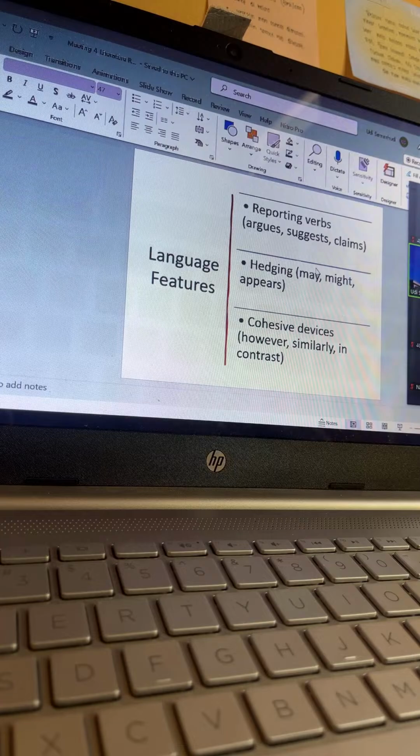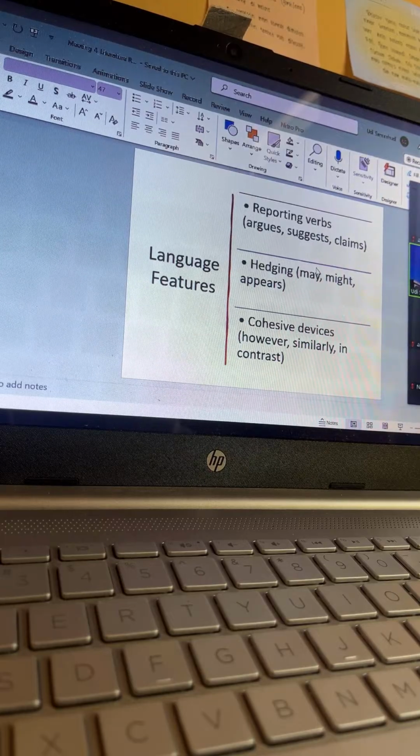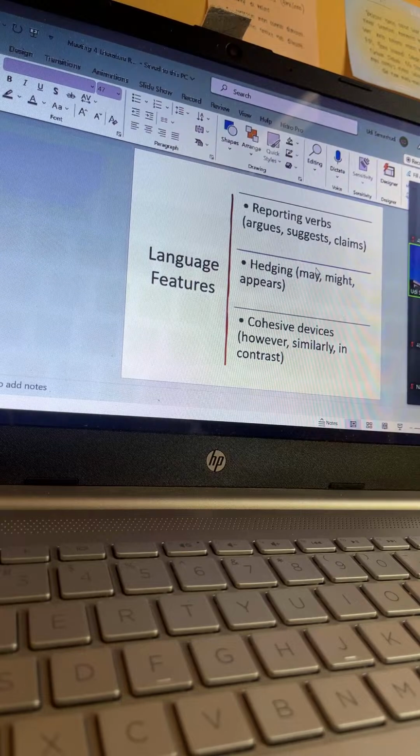So by language features, I'm referring to, for example, the use of reporting verbs. So for example, you will see in chapter 2 that most of the verbs used would be like to argue or argues, to suggest or suggests, claims, and so on. And then hedging is also one thing that you will find in literature review as well as in the discussion.